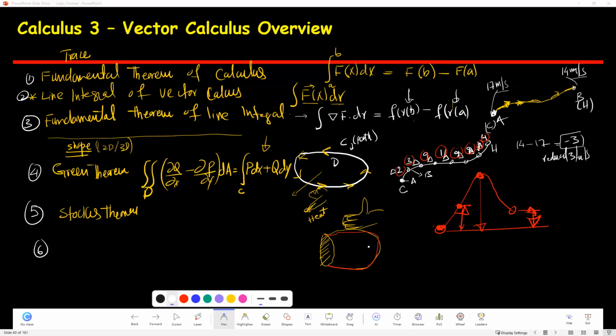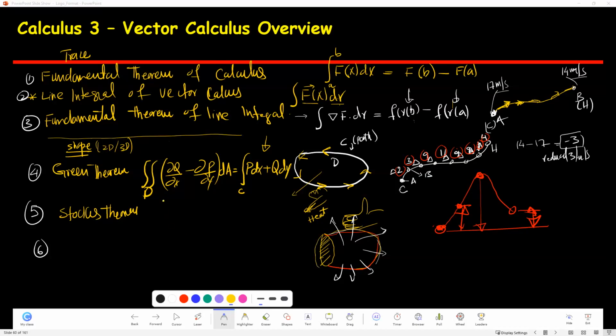And if you're interested to know how much heat is going out of this surface, then you apply Stokes' theorem on this red surface. And when you're talking about the red surface, it is important too, but where the heat is supposed to be coming from or generating into the system, there's a base somewhere, right?